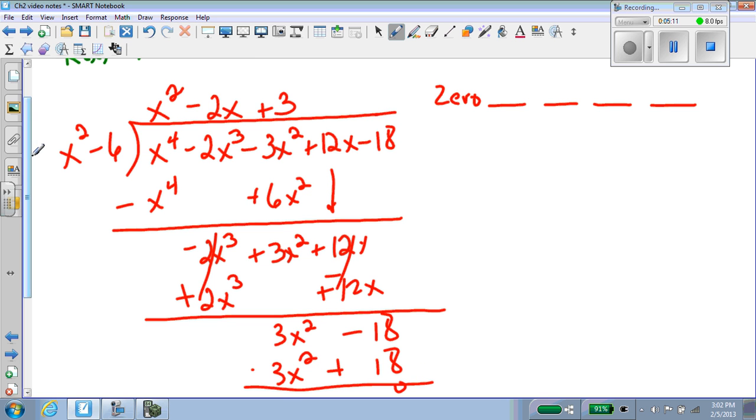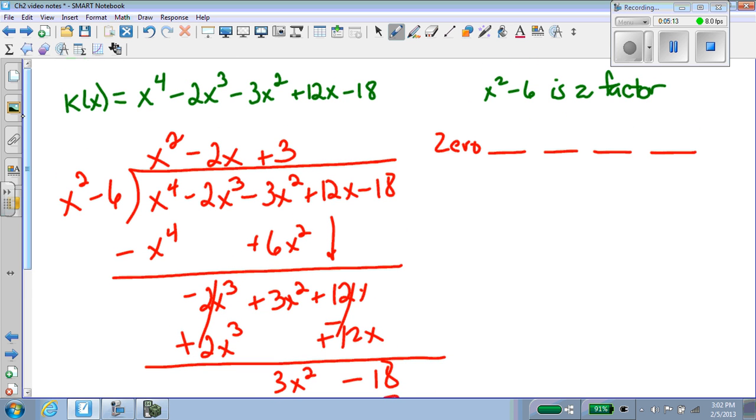Okay, so now essentially what's happened is this polynomial has become x squared minus 6 times x squared minus 2x plus 3. Now that's not what I'm looking for. I'm looking for 4 linear factors.